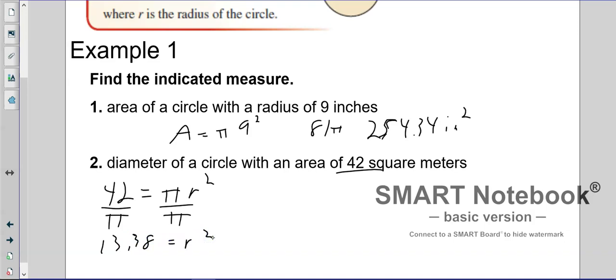And then we take the square root of both sides. So the square root of 13.38 is approximately 3.66 rounded meters. All right, so that's just an approximation.